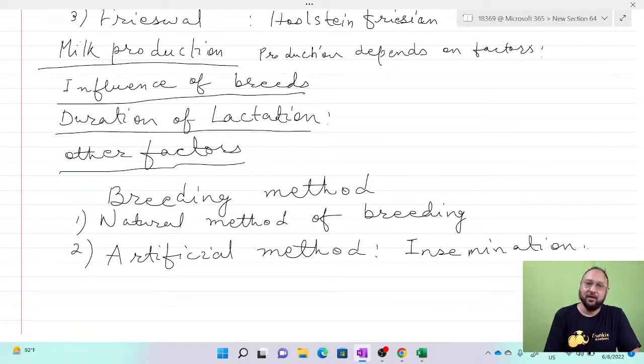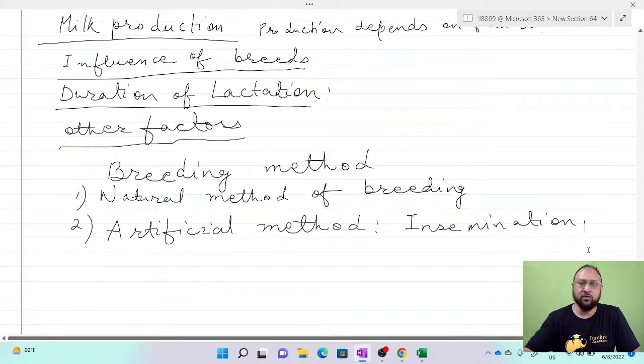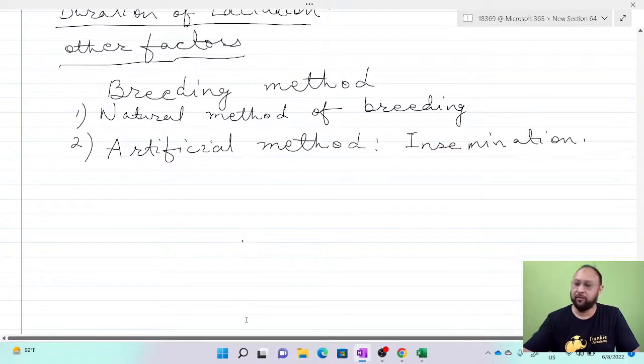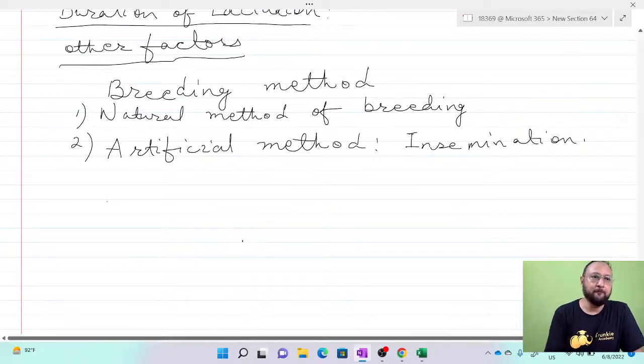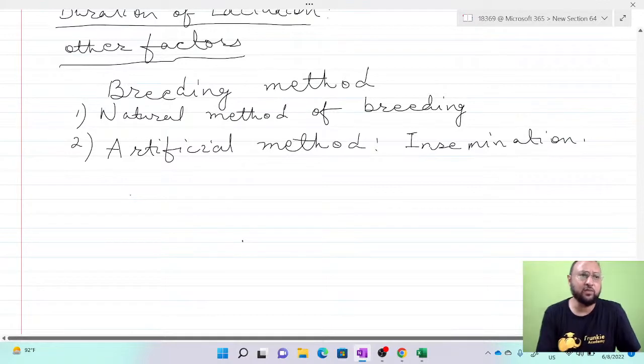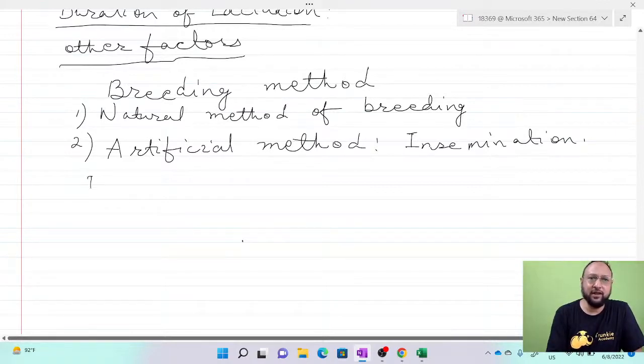Other important factors in cattle farming are proper housing, feeding, and paying attention to regularly checking the animals for diseases and health.